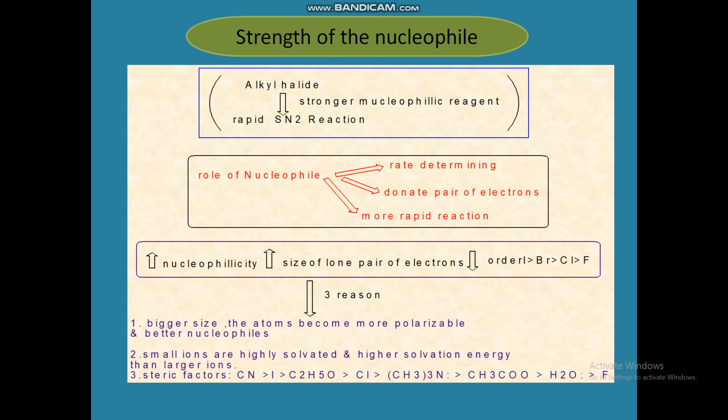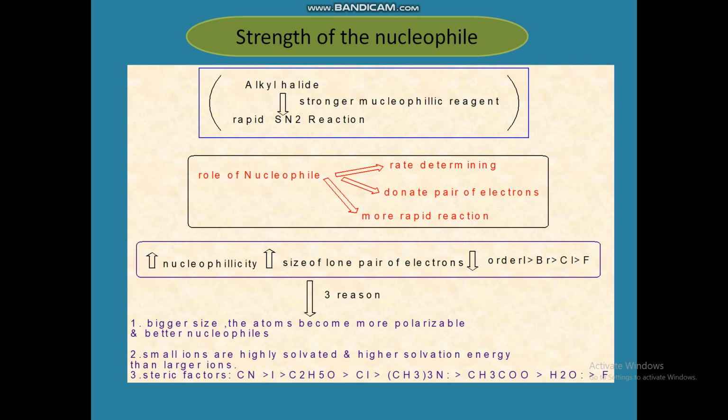Next, the strength of the nucleophile, that is nucleophilicity. The transition state in an SN2 reaction is formed by the attack of the nucleophilic reagent on the alkyl halide. So the stronger the nucleophilic reagent, the more rapid the SN2 reaction.